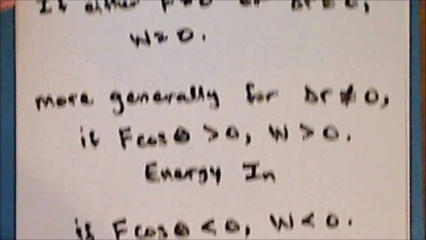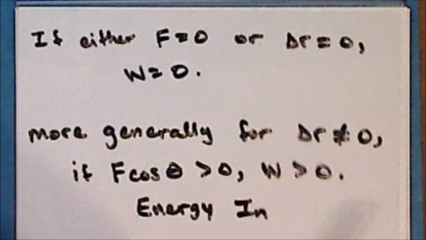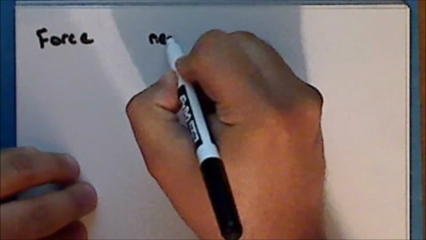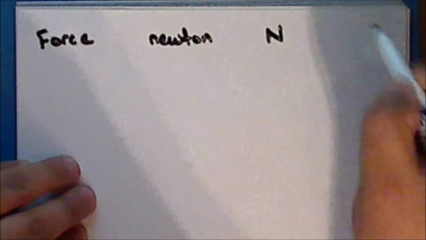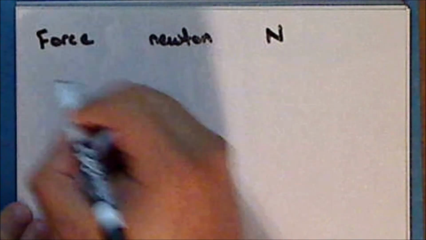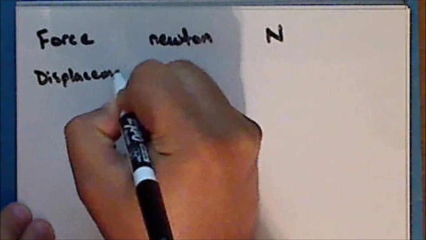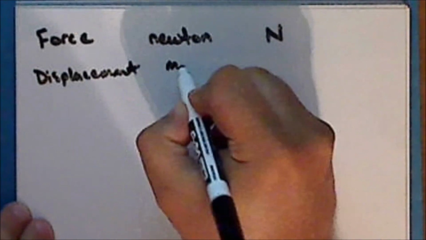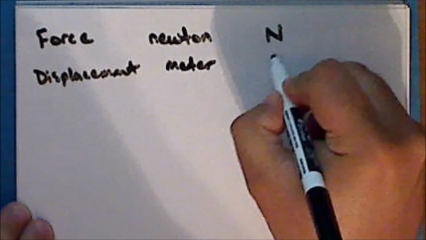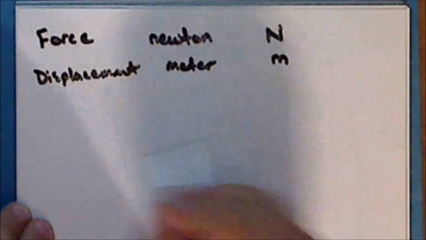So let's quickly talk about the units or unit of work. Force has the unit of newtons, which is indicated with an uppercase letter N. Displacement has the unit of meters, which is indicated with a lowercase letter m.